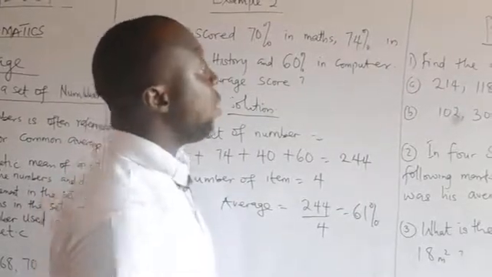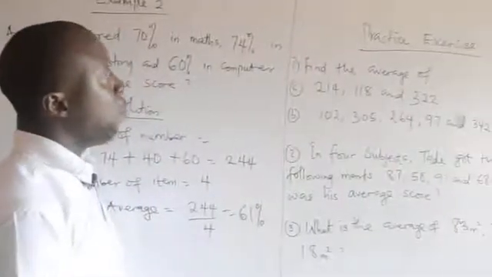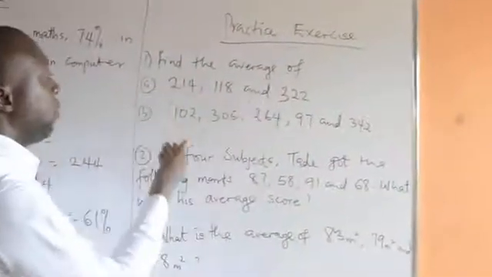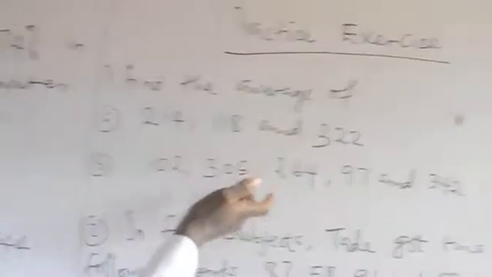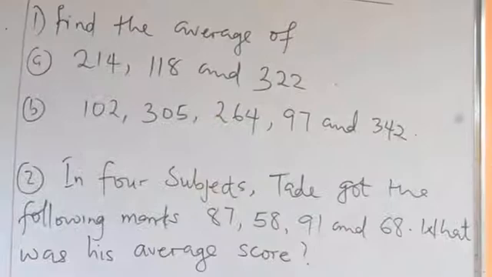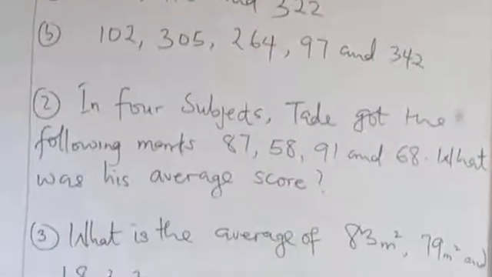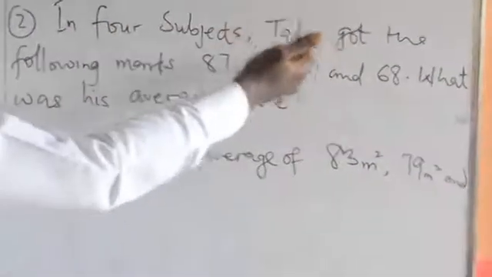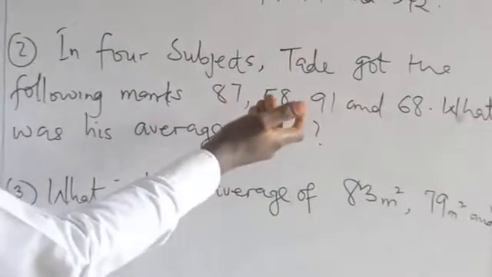Find the average of A, 214, 118, and 322. B, 102, 305, 264, 97, and 342.